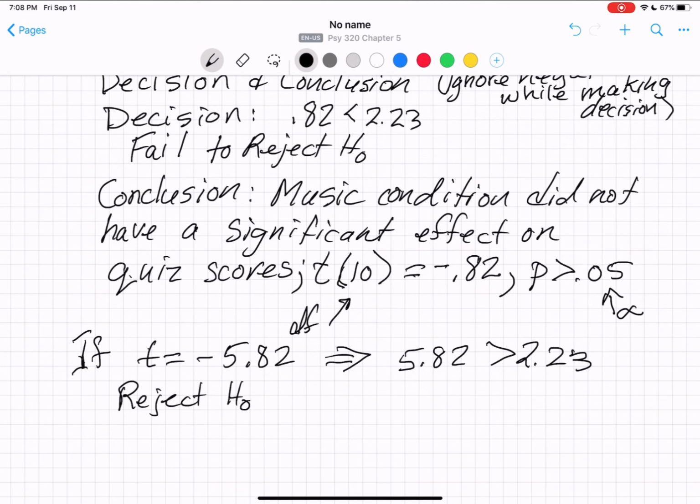And remember, I told you that if we have only two groups and we reject the null hypothesis, we would want to write a more specific conclusion.